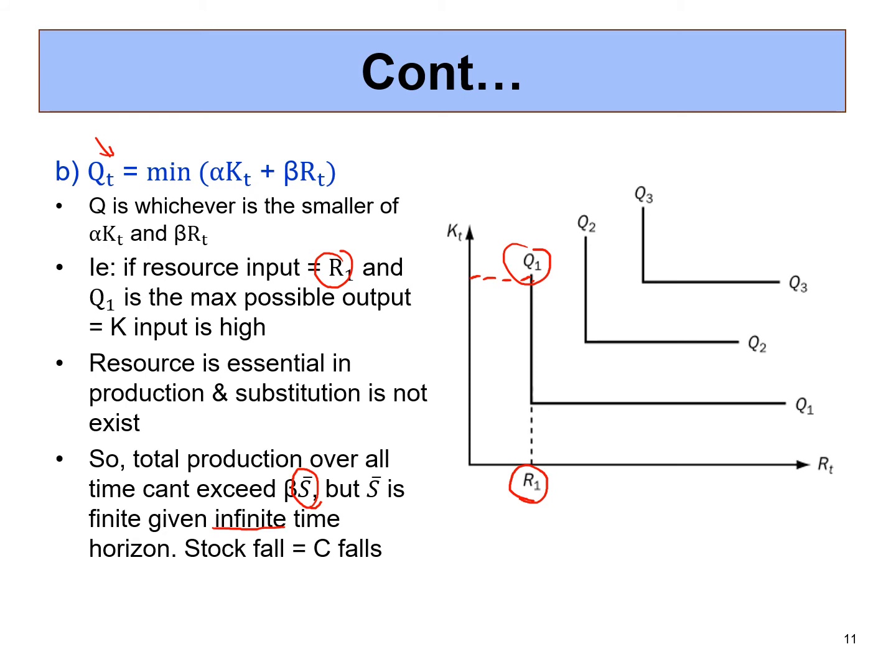So considering this, the stock of resources will fall because we are consuming it over different periods of generation. When the stock falls, definitely our consumption will also fall. So in this case, we can say that our consumption is declining. So it is not sustainable, right?